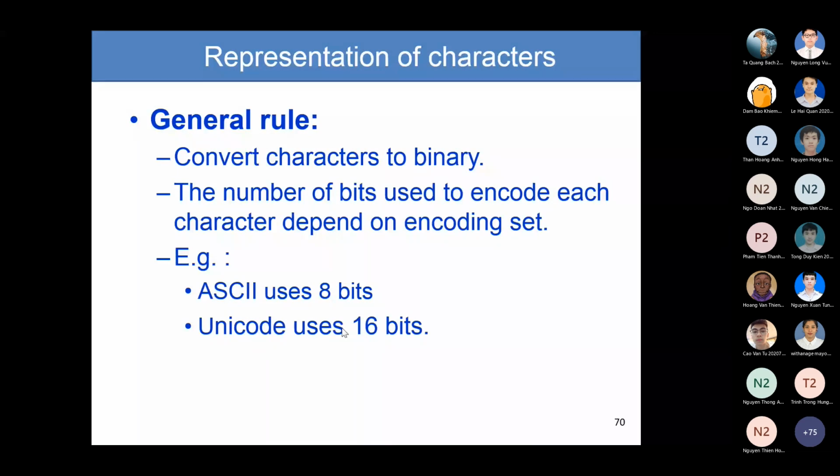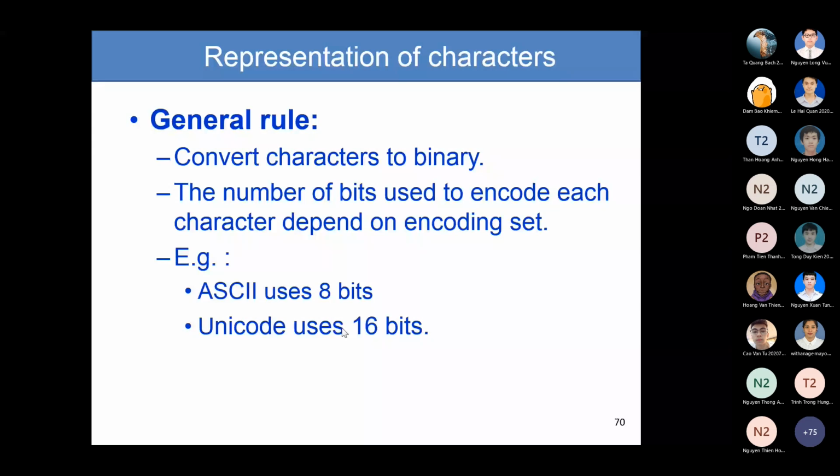So small and uppercase is 52, and then we have 10 digits from 0 until 9. Okay, so we have a lot of signs, we have a lot of control characters, that are also characters.